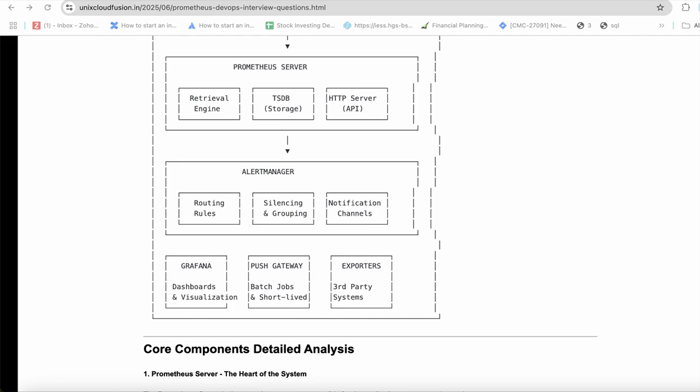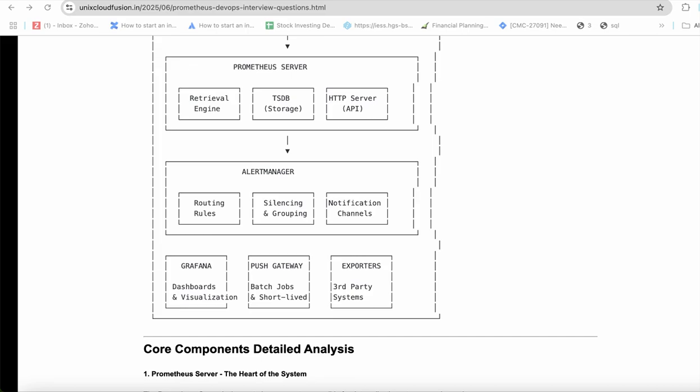Now, if the alert is not so critical, in that case we might just route the alert to some Slack group, and probably we can take a look at it later, right? So these are the kinds of routings we are talking about.